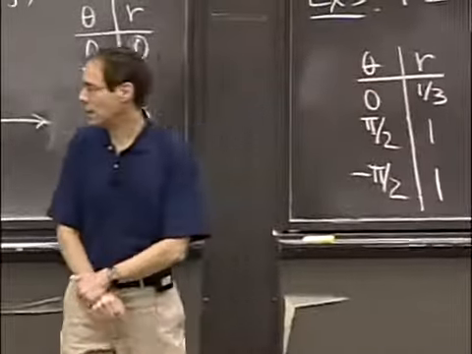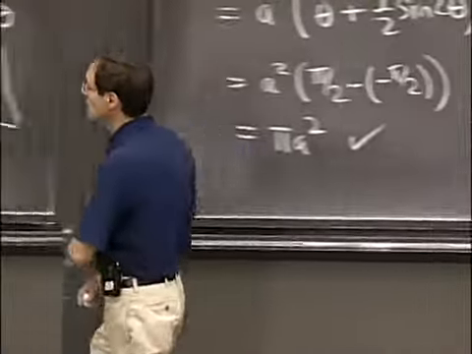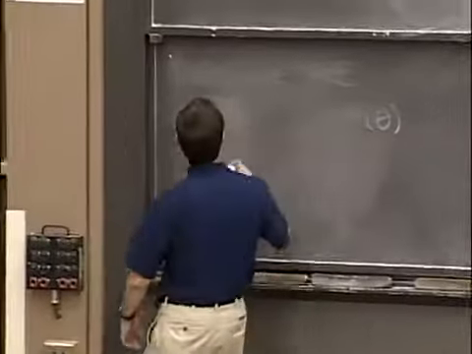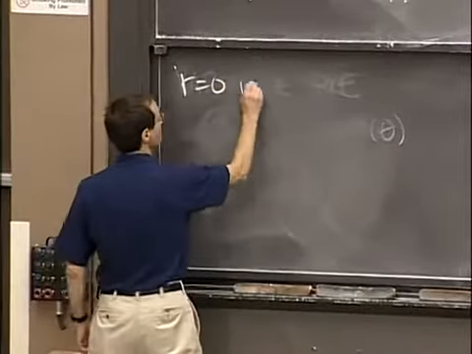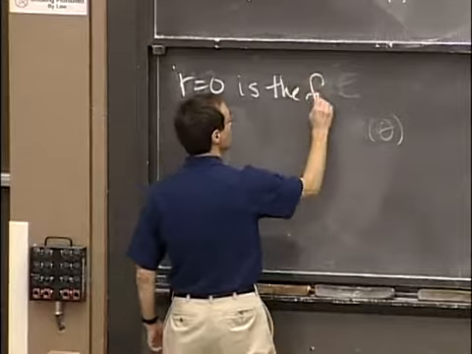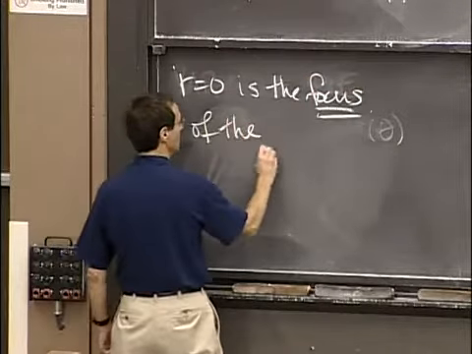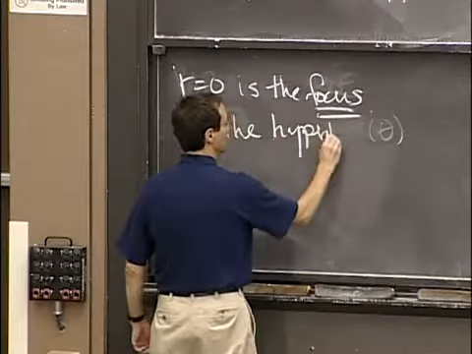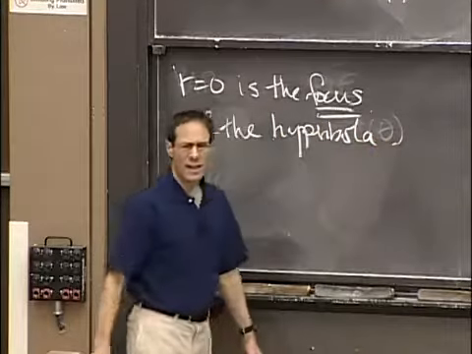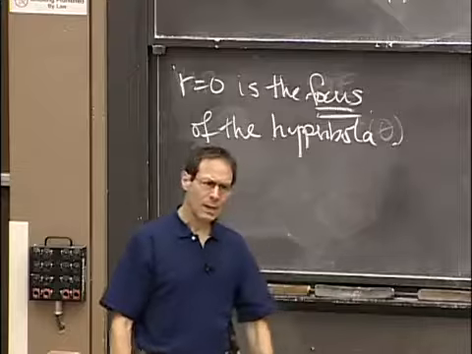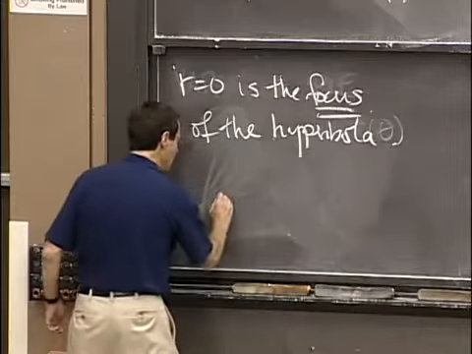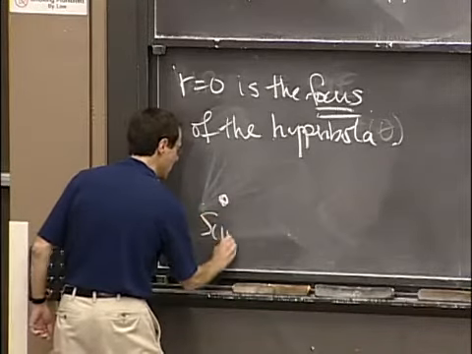But there's actually something much more important physically that's special about this particular representation of the hyperbola, and what happens when you get the ellipses as well, which is that in this case, r equals 0 is the focus of the hyperbola. And what that means is that it's actually the place where the sun is.